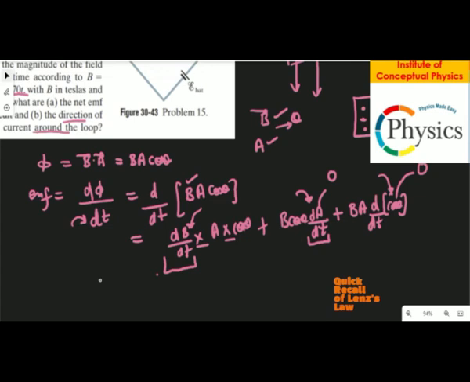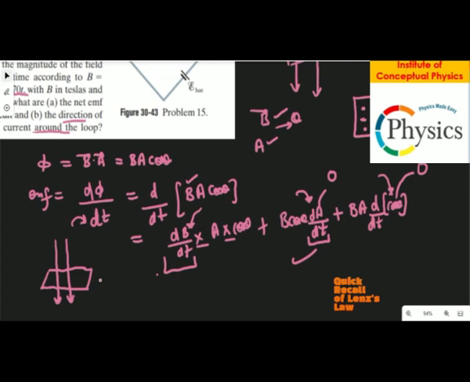So area change results in lesser flux. Third is the angle changes, which means the magnetic field remains the same. So I'll just draw an area. Area is not changing, the magnetic field is not changing, or the magnetic field could be at an angle.